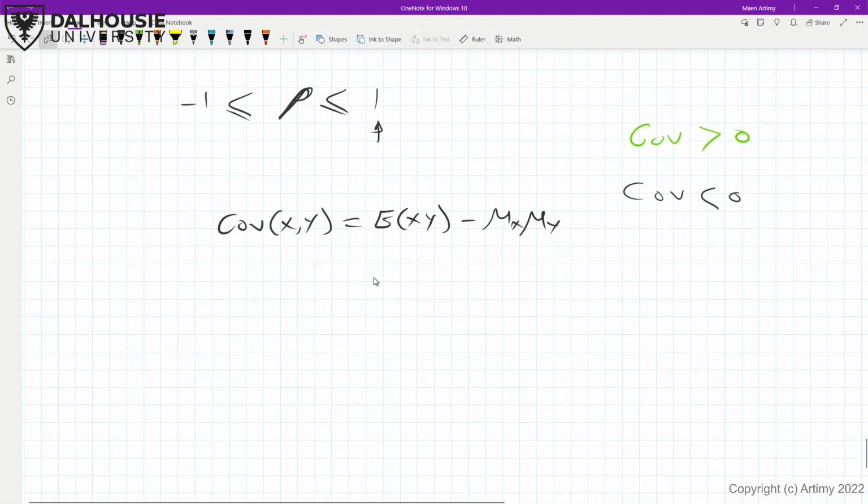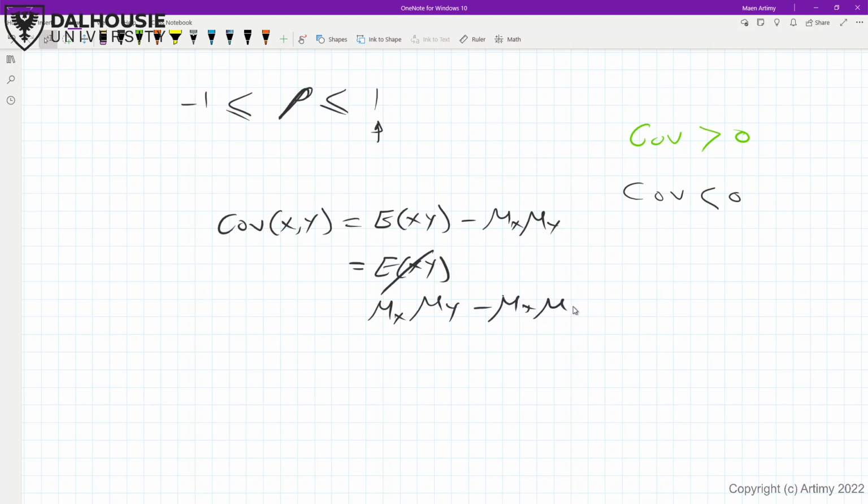So if x and y are independent, then E[XY] can be substituted by mu x mu y, minus mu x mu y, equals 0, right? So for any independent x and y, there is no correlation between them, which makes sense, right? The correlation will be 0, so they are uncorrelated.